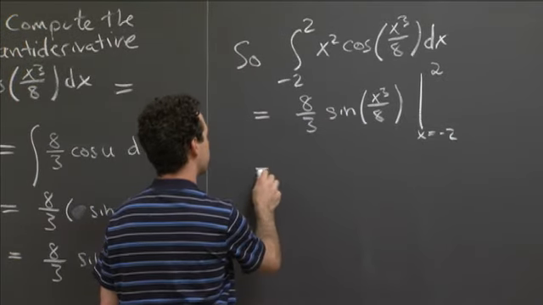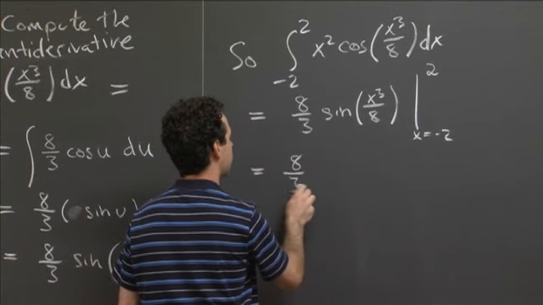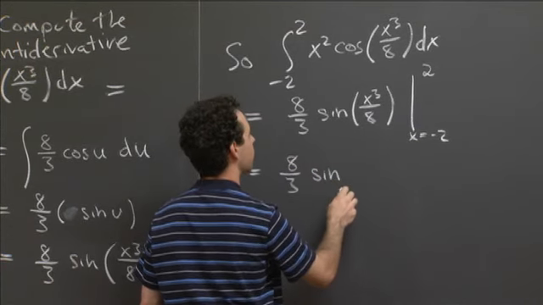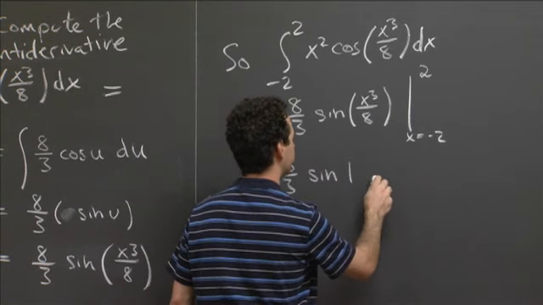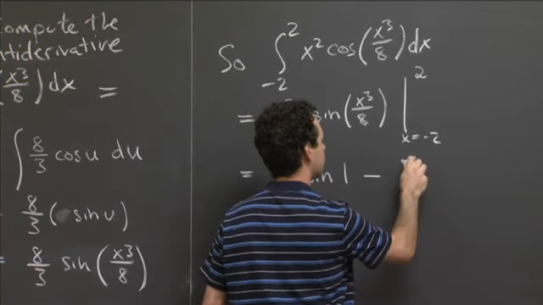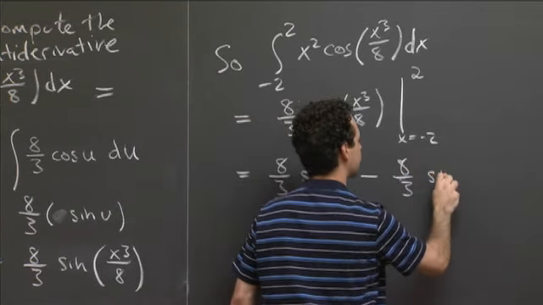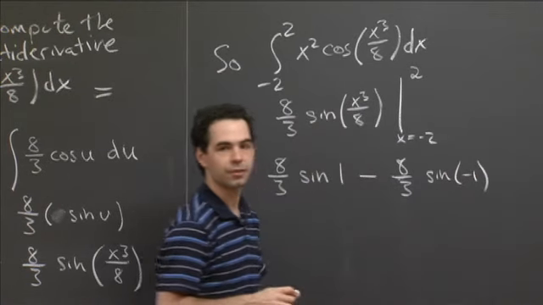So this is equal to 8/3 times sine of 1 minus 8/3 times sine of -1.